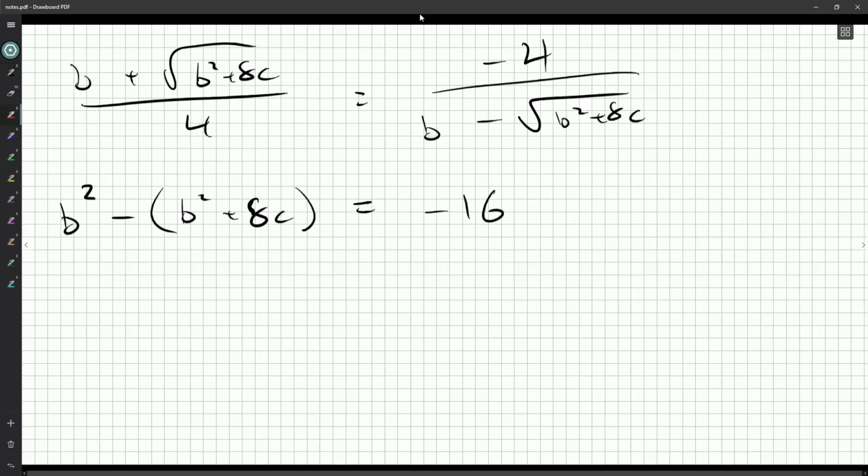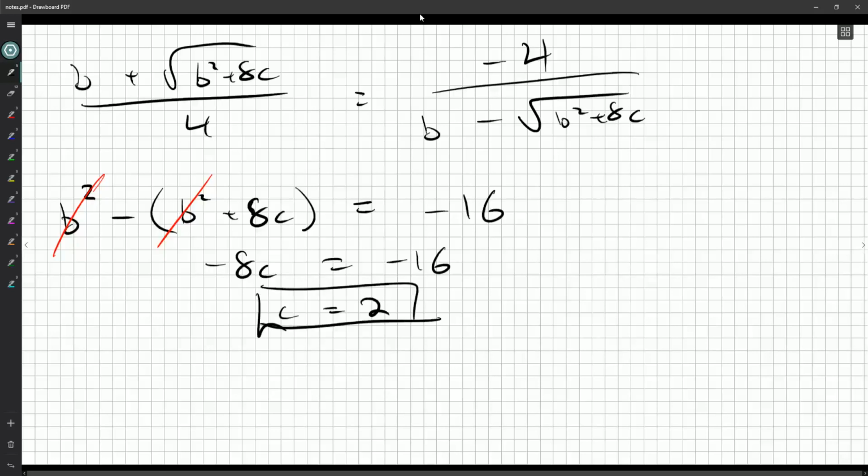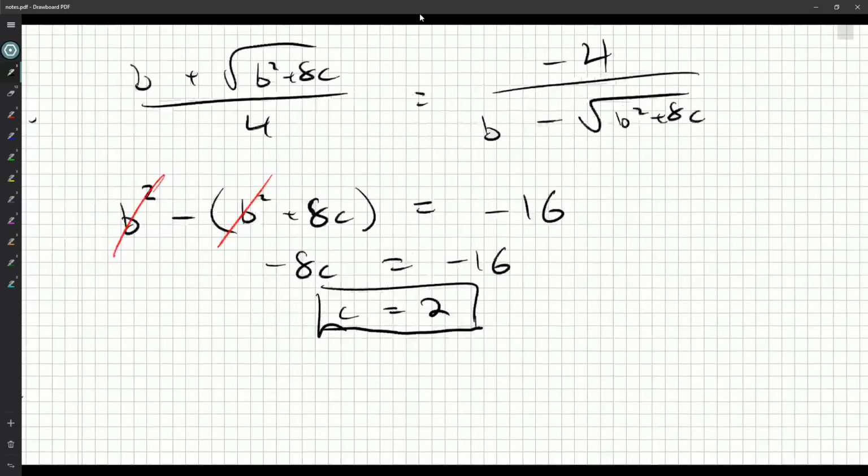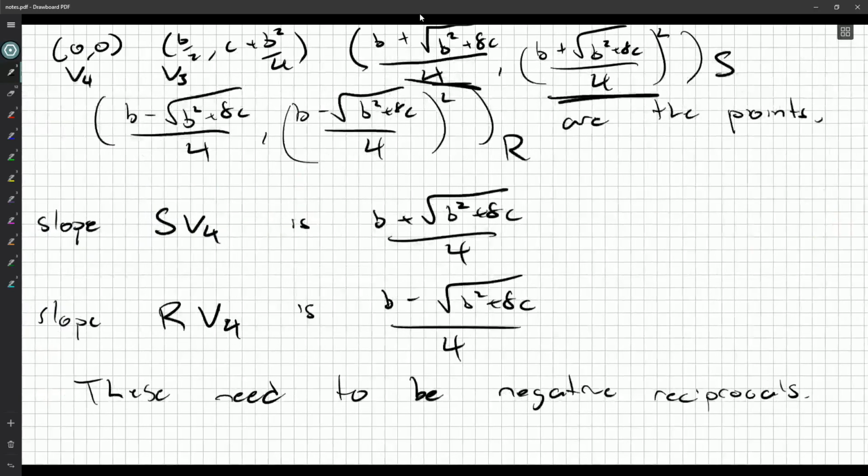So the b squareds will cancel out, and we'll be left with minus 8c is minus 16. C is going to be 2. Okay, so that narrows things down quite a bit. So C's got to be 2. Does it clear a whole lot up? I don't know. But it does mean we have one less variable to carry around.